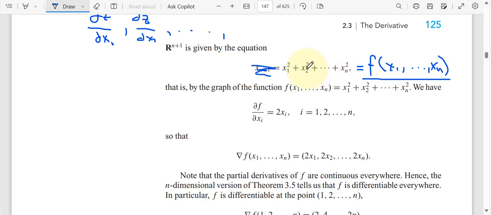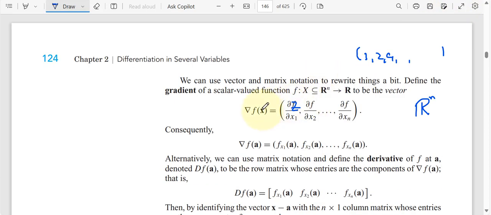We want to put them in an organized list, and then we can recognize that list as a vector itself, which is a nice thing to think about. This is just a list of all the partial derivatives, and we give it a name, and it's this.